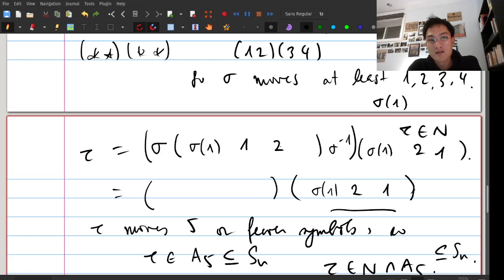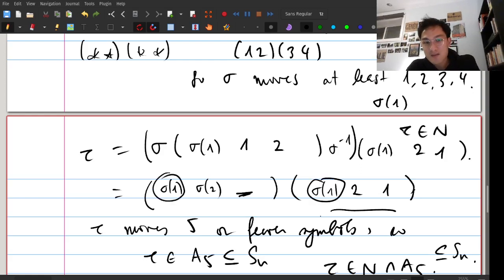Then 1 goes to 2 here, and now 2 is moved by sigma. So sigma 1 goes to sigma 2. And then who knows what sigma 2 is sent to? We don't actually care because the point is sigma 1's here, sigma 1's here, which means the total number of symbols that this permutation tau moves is 5 or fewer.